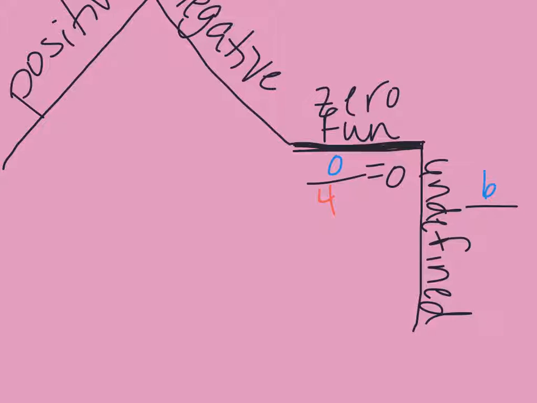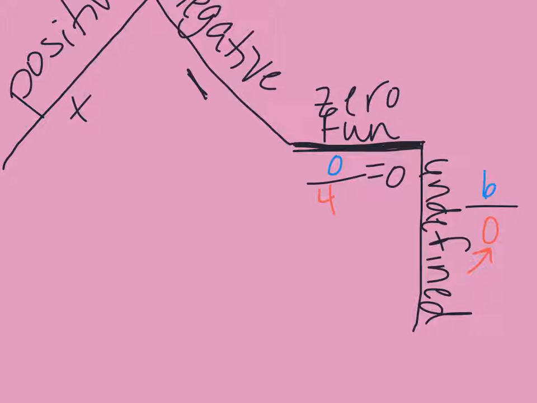When you try to do the change in x, you're not going left or right at all, so your change is 0. You cannot have 0 in the denominator. That's what we call undefined. Okay, so that does not equal 0, so don't tell me that. Okay, so you can see positive, negative, and then 0, and undefined.